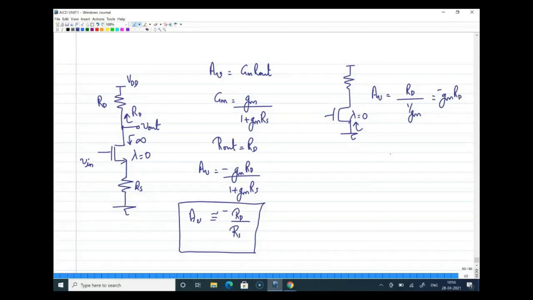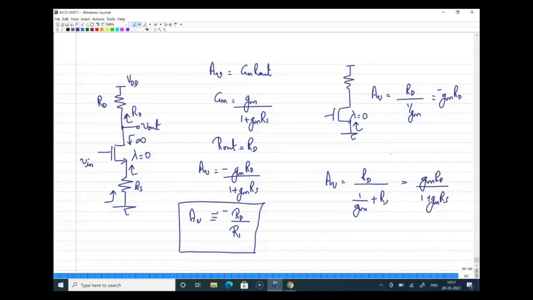Similarly, the same thing can be written even for this circuit. When you write gain for the circuit, the total resistance at drain is RD. Now what is the resistance seen in the source path? You have a resistance RS, and from here you can see 1 by gm. So I will write it as 1 by gm plus RS, that is the same as gm RD by 1 plus gm RS.